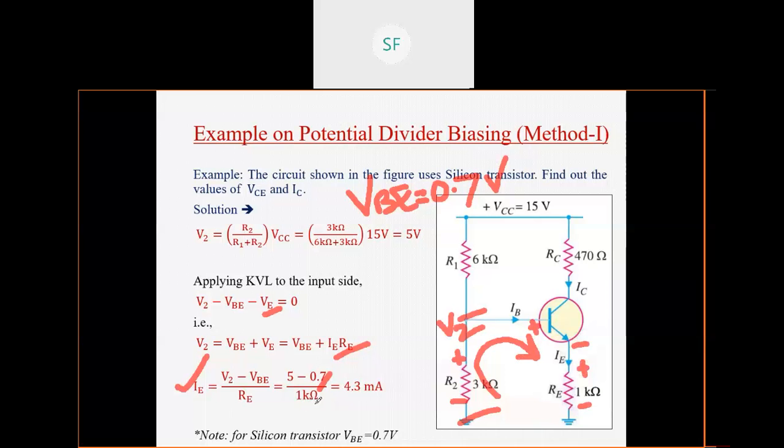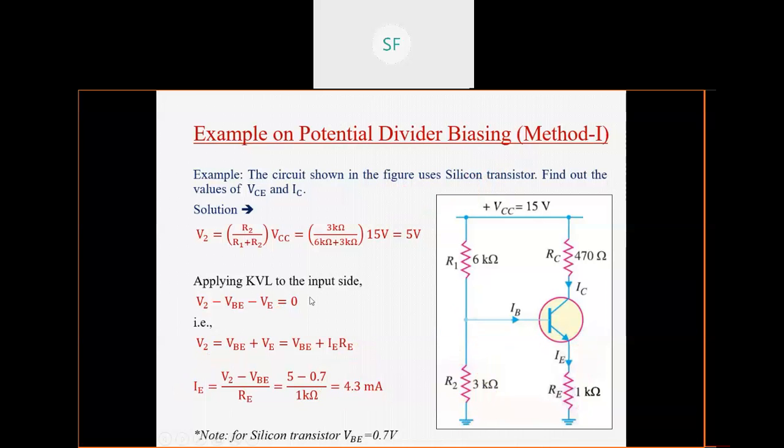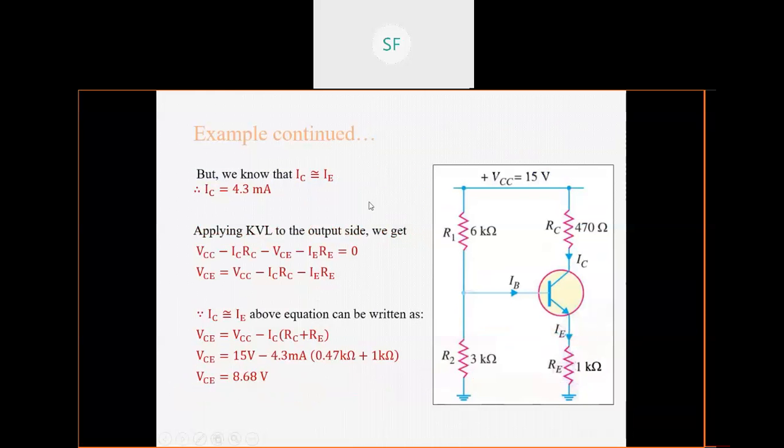When this 10 to the power 3 goes up, it becomes 10 to the power minus 3. And 5 minus 0.7 is 4.3 milliampere. In this way you can solve this problem. You got the value of IE. Now we know that IC is approximately equal to IE, so the value of IC will also be 4.3 milliampere.